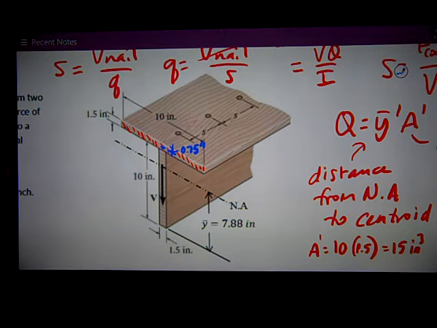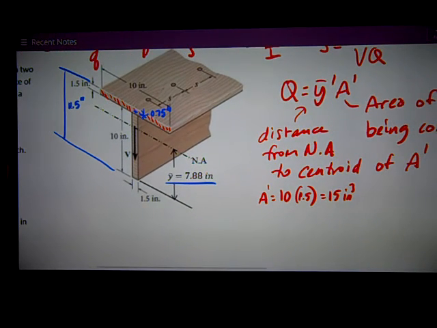So I'm going to figure it this way. There are other ways to figure it. The overall height of the section is 10 plus 1.5, or 11.5 inches. And I'm given Y bar here, the distance from the bottom to the neutral axis, 7.88. Therefore, the distance that I want is that distance there, y bar prime, from the neutral axis to the centroid of the top board.